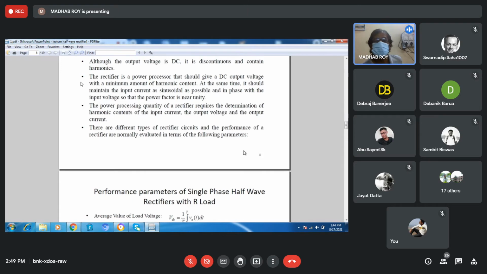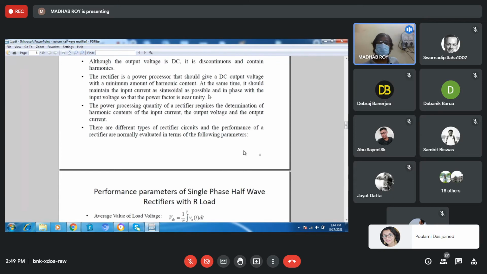But you have to mind it, when we are taking power from an AC circuit, then the power factor should be as high as possible. Otherwise, there will be a problem for the devices. The utilization factor will be very small.